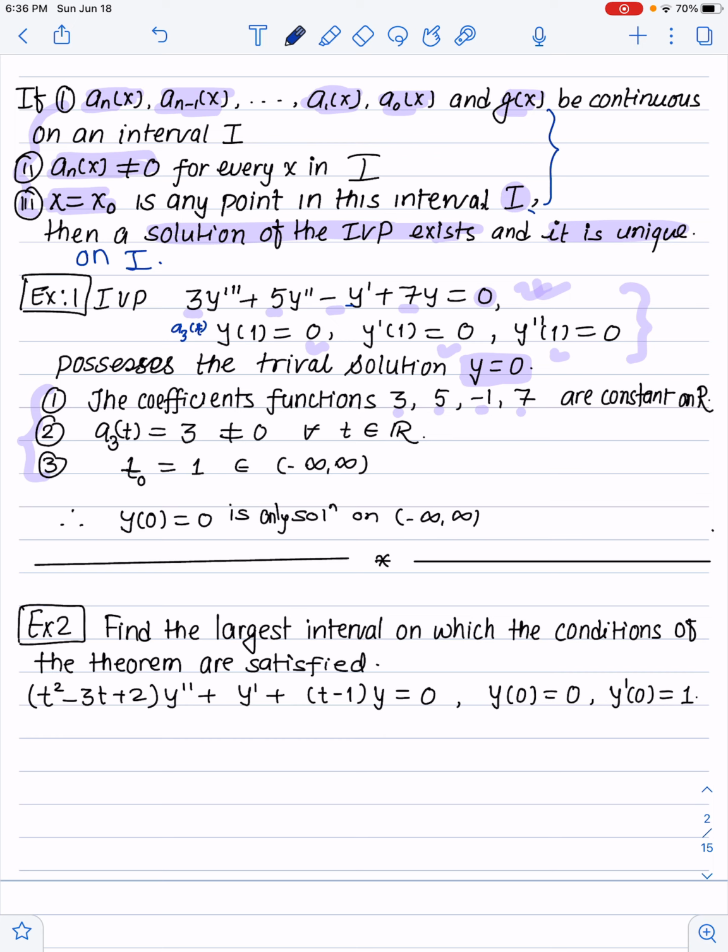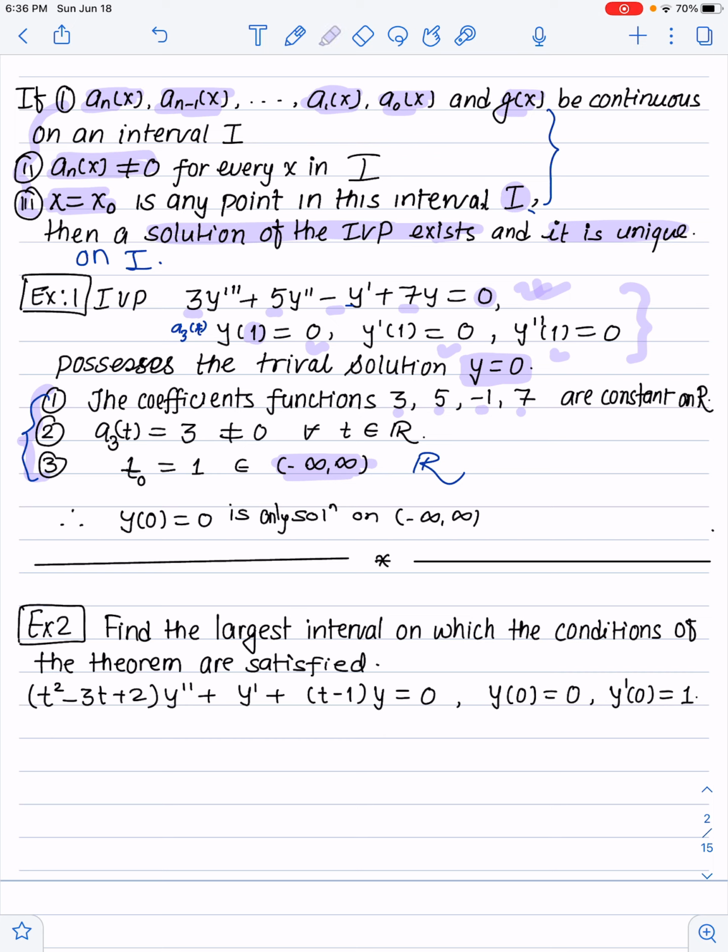The initial value is t equals t naught, which is 1, and it also lies on the interval from negative infinity to infinity, the whole real line. So these three conditions hold on the whole real line.